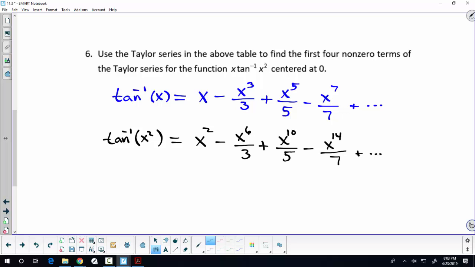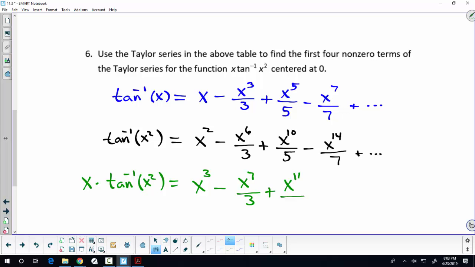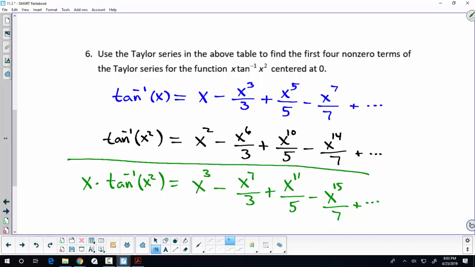Then we'll multiply all of that by x. So x times that series. We have x times x squared, x cubed. We see what happens here. So there's our series for x inverse tangent of x squared.